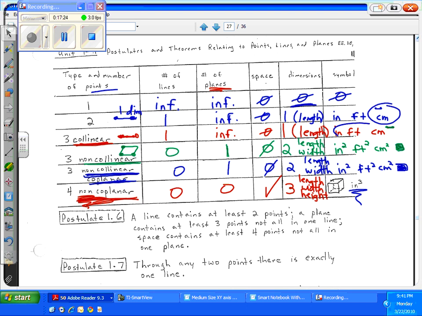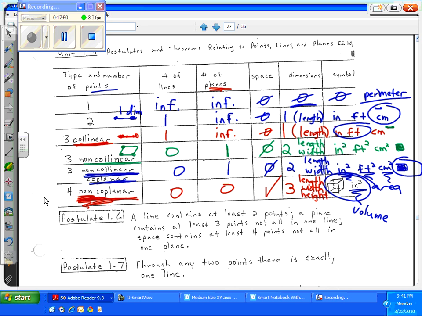Now, what we usually measure in centimeters or inches or feet is length or perimeter, right? And we would measure in square inches, square feet, square centimeters, area. And when we're dealing with cubic units, then we're dealing with volume, right?